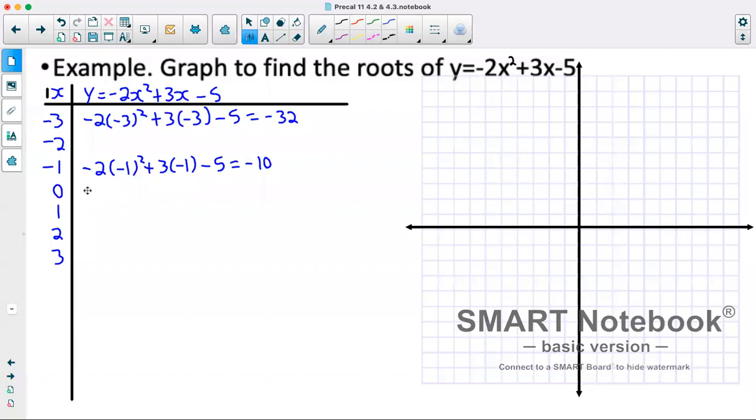So I will do the next one. I've got -2 times 0 squared plus 3 times 0 minus 5. So I have -5. Next, I have 1. So I've got -2 times 1 squared plus 3 times 1 minus 5. So -2 times 1 is -2 plus 3 is +1 minus 5 would give us -4.